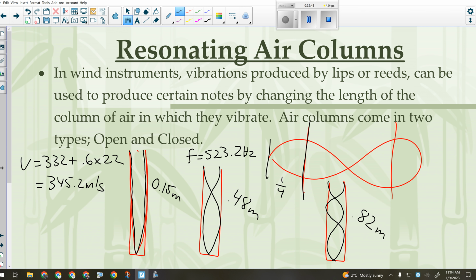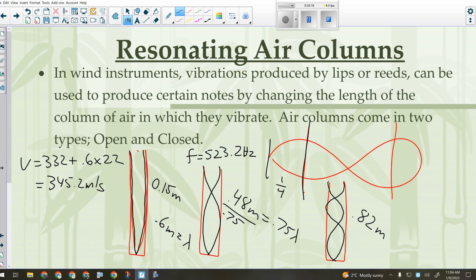So this length represents 1/4 of a wavelength. That means that one wavelength should be 4 times that number, which should equal lambda. This one was 3/4, so 0.75 times lambda. If I divide this side by 0.75, will that give me lambda?